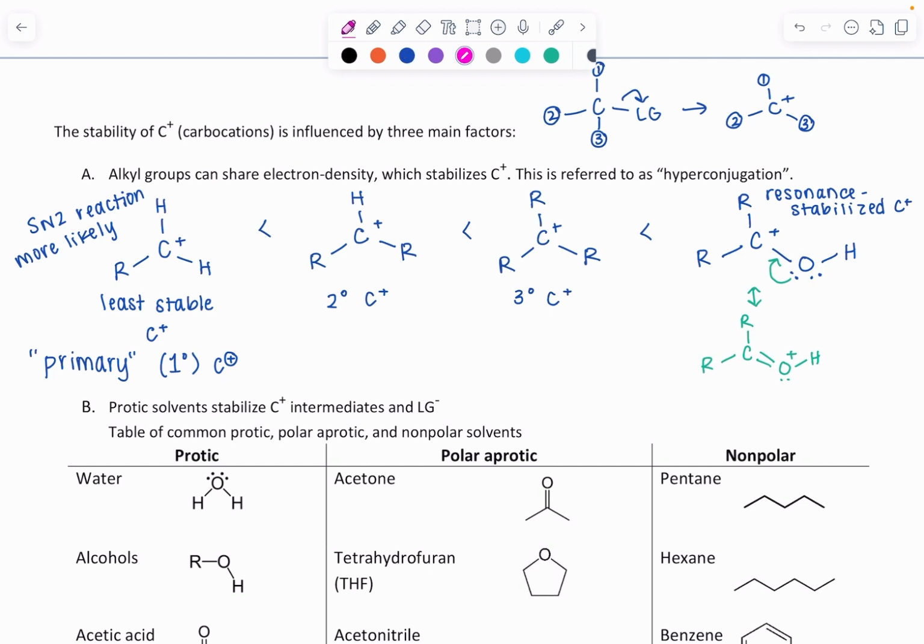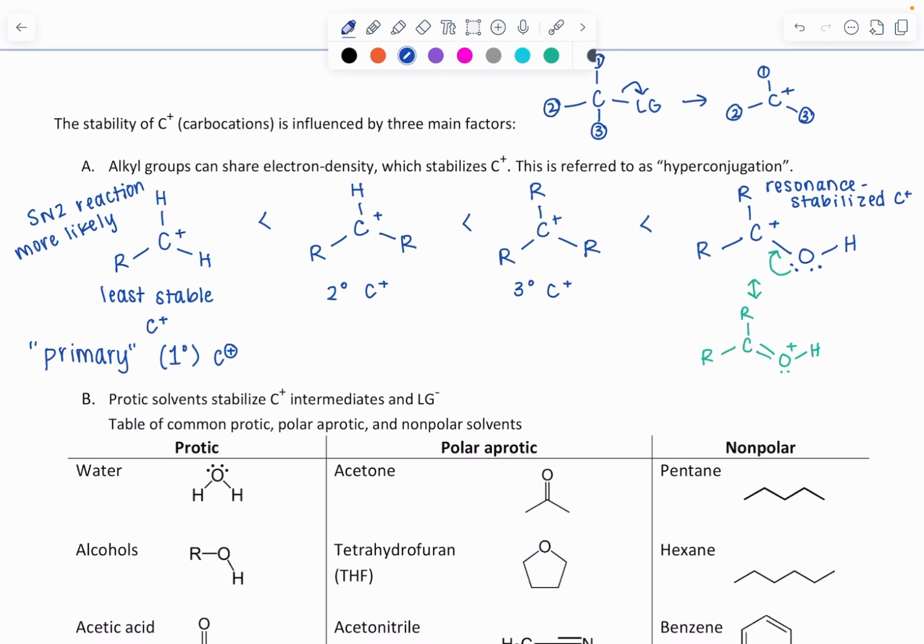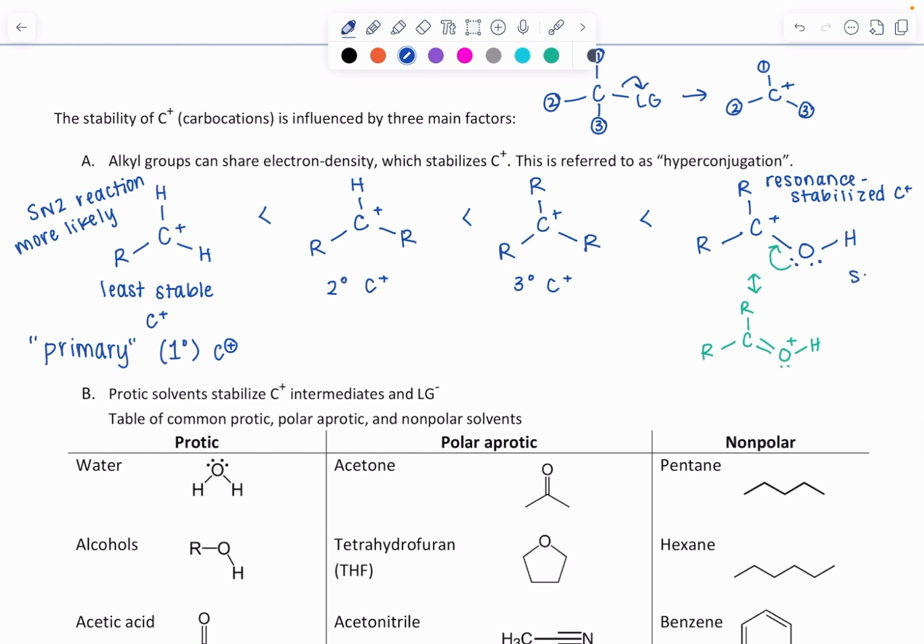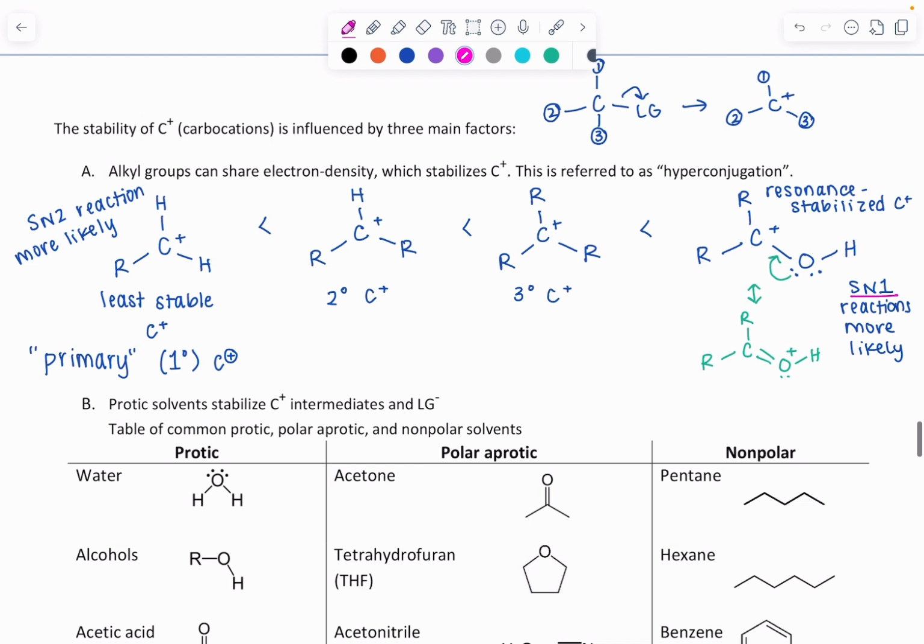So with the most stable carbocations, that's resonance stabilized, these are more likely to go through SN1 reactions. But primary carbocations are very unlikely to form.